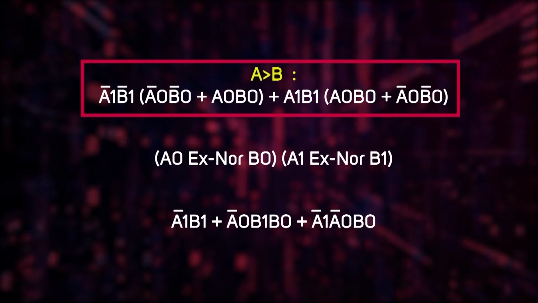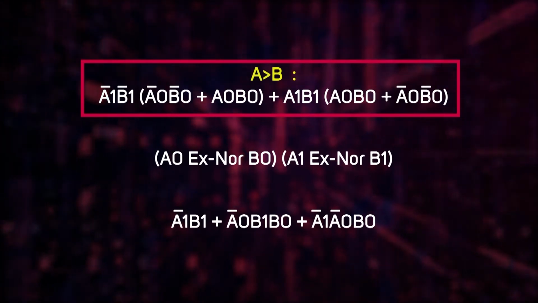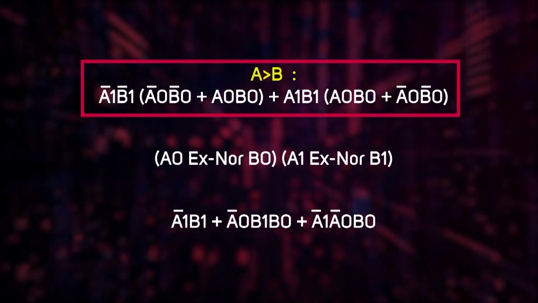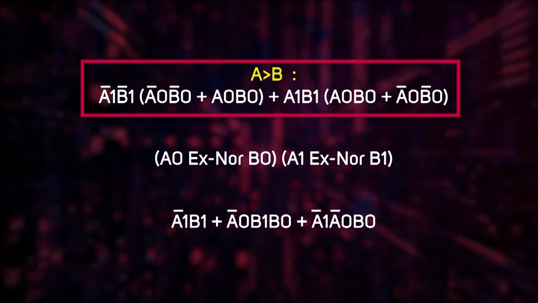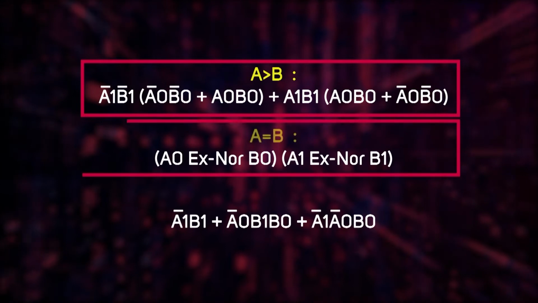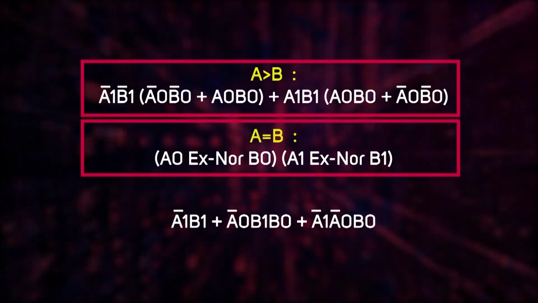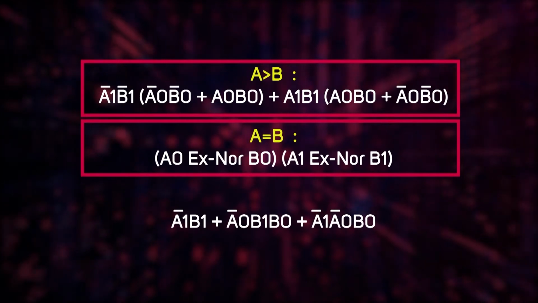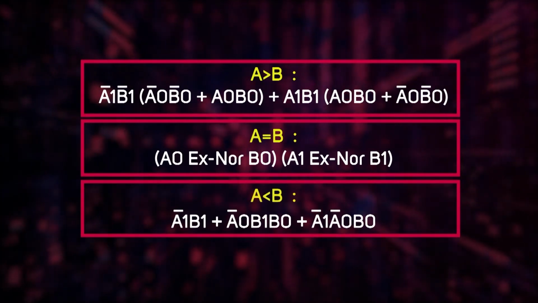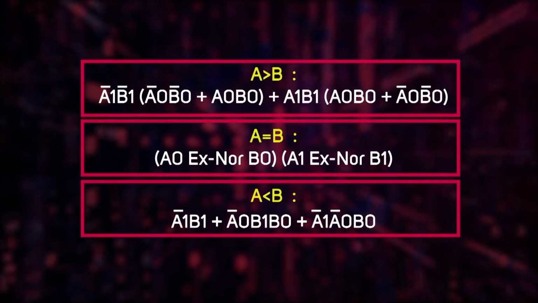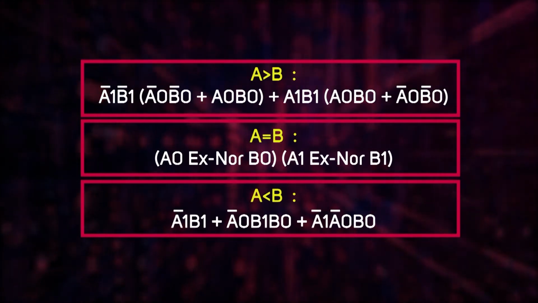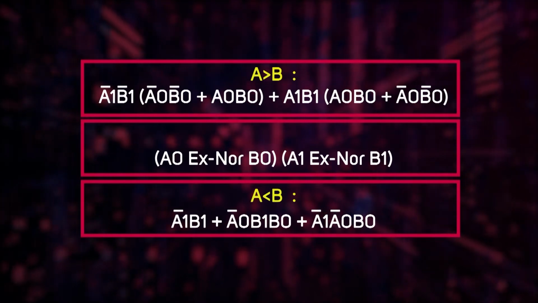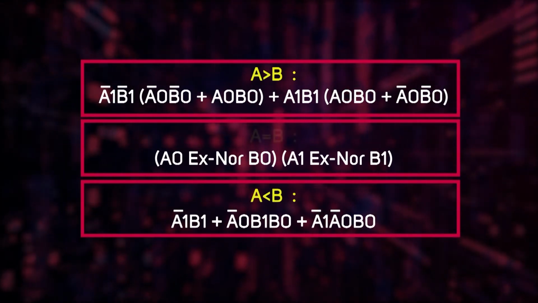A greater than B is A1 B1 complement plus A0 B1 complement B0 complement plus A1 A0 B0 complement. A equal to B can be expressed as A0 XNOR B0 dot A1 XNOR B1 and A less than B can be expressed as A1 complement B1 plus A0 complement B1 B0 plus A1 complement A0 complement B0.